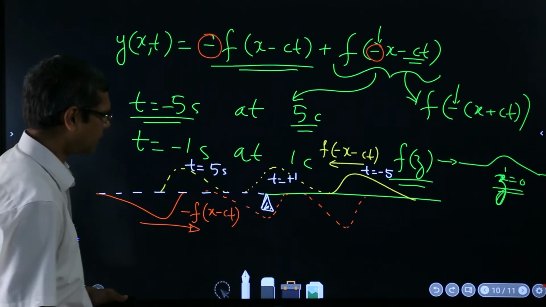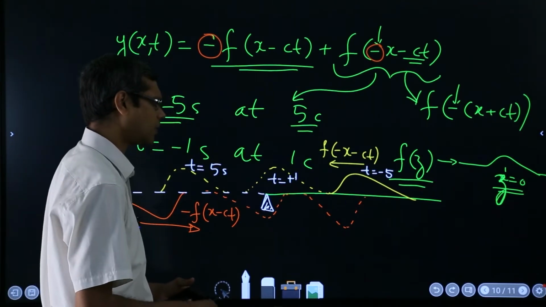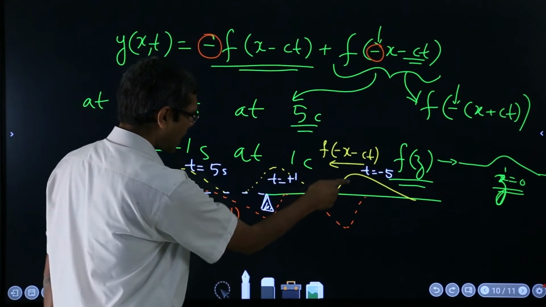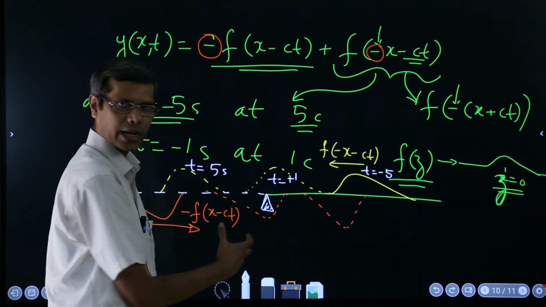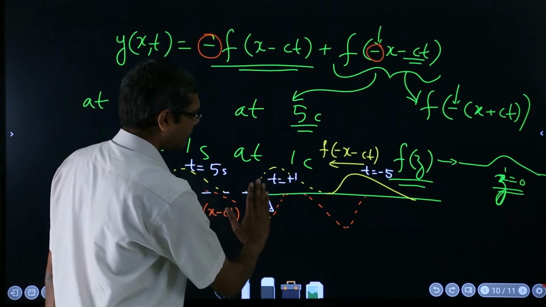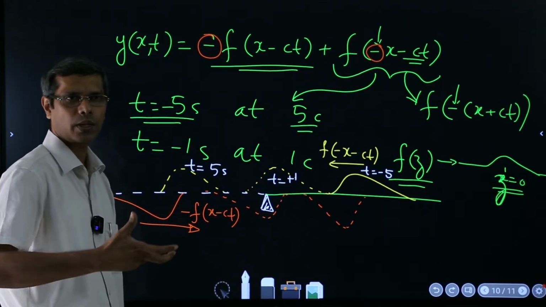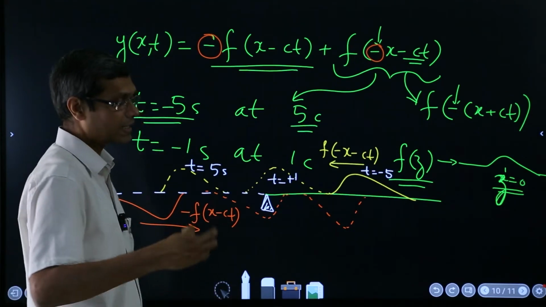Now the same thing is written in another way: at the rigid end the wave gets reflected back with a phase transition.